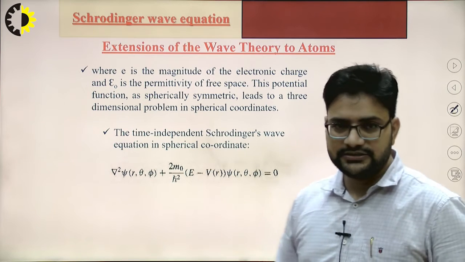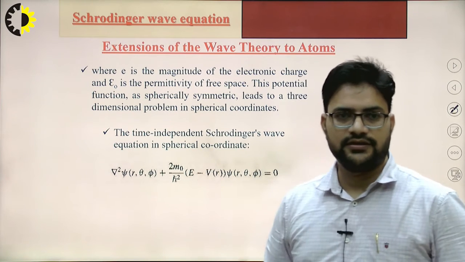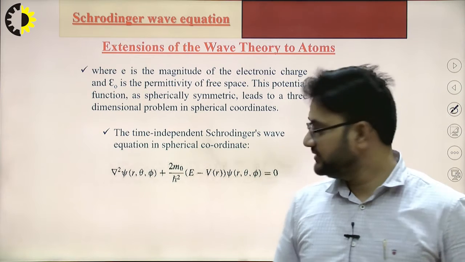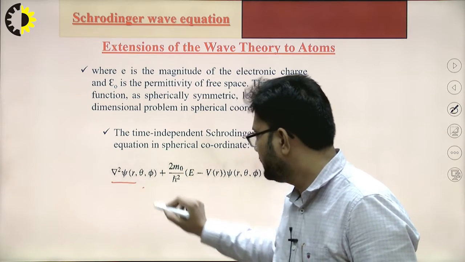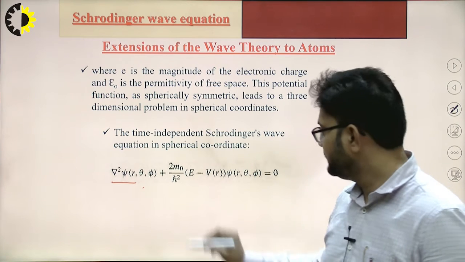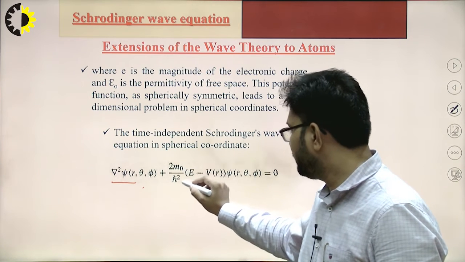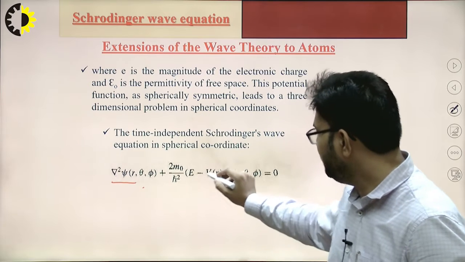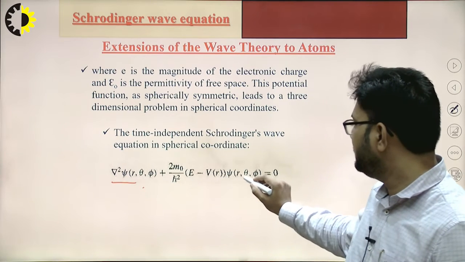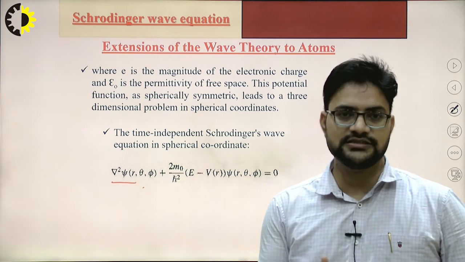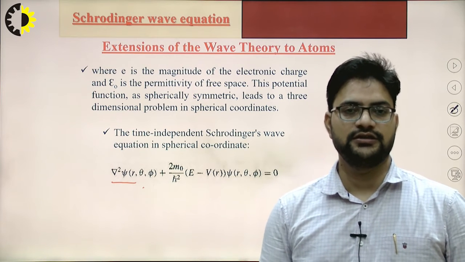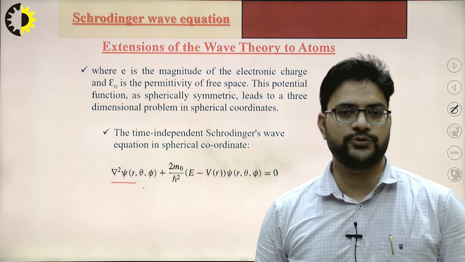Now the time independent Schrodinger wave equation is given by del 2 psi of r theta phi plus 2 m naught divided by h bar square, multiplied by E minus V of r, multiplied by psi of r theta phi. This is basically the Schrodinger time independent equation.